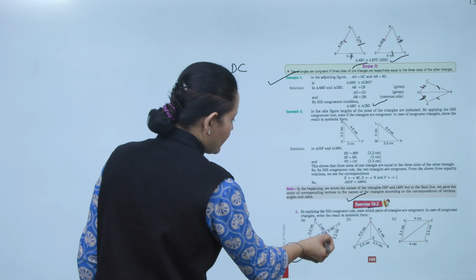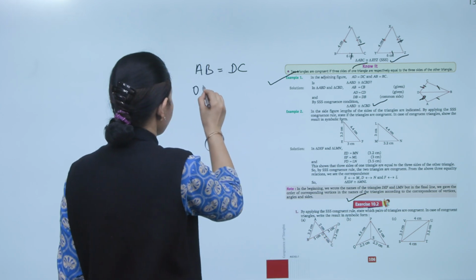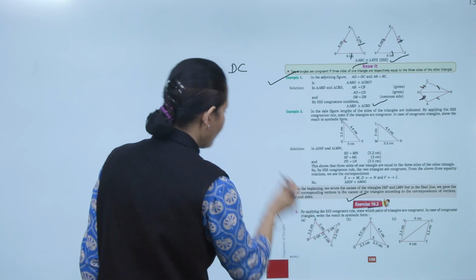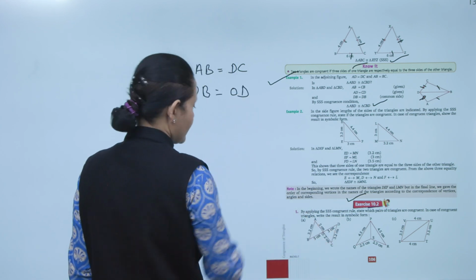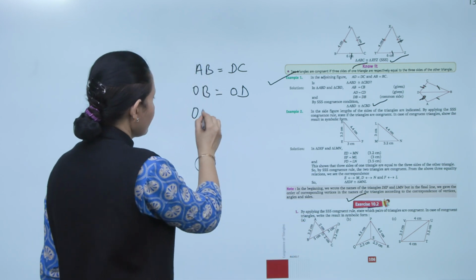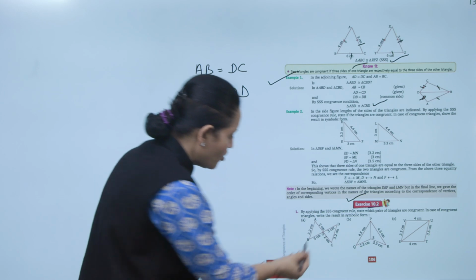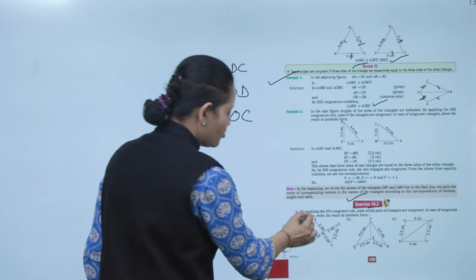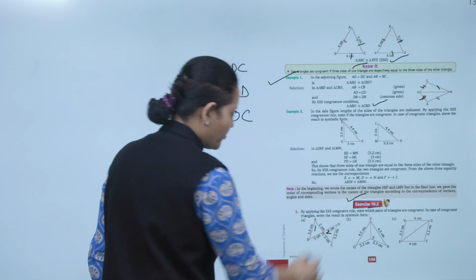Clear? OB equals 3 cm, equals OD, and OA equals OC, because here we have taken two triangles 1 and 2.